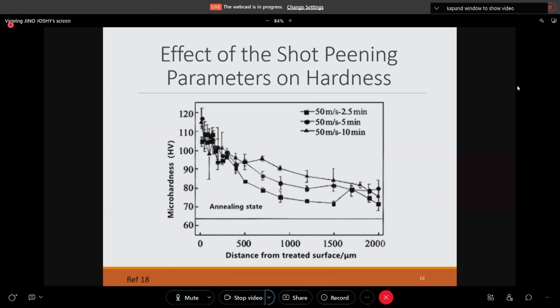Just beneath that layer, the hardness value at 10 minutes is lesser than that at 2.5 minutes. But in the case of 10 minutes, the depth profile is higher, meaning it has a huge impact on the depth. Immediately in the vicinity of the surface layer, the 10 minute duration causes a softening effect because of the high temperature.